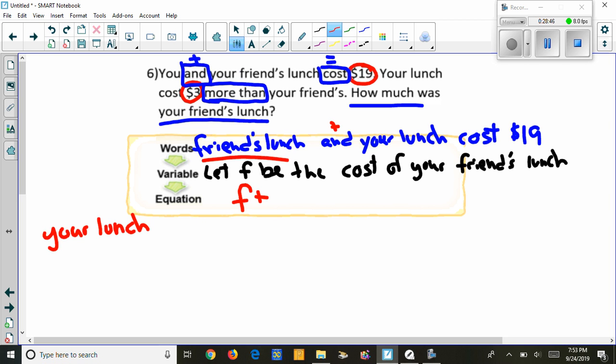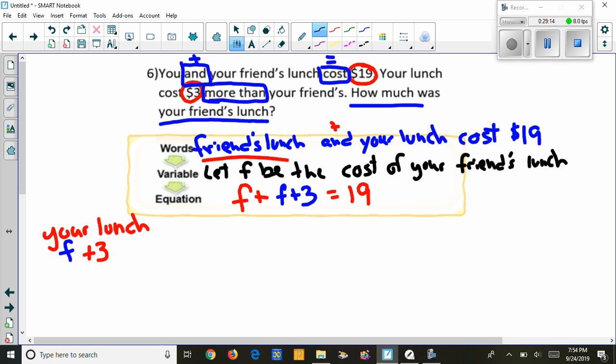Well, that means I need to add 3 to however much your friend's lunch cost. So my next statement actually is going to be F plus 3. And that totaled out to $19.